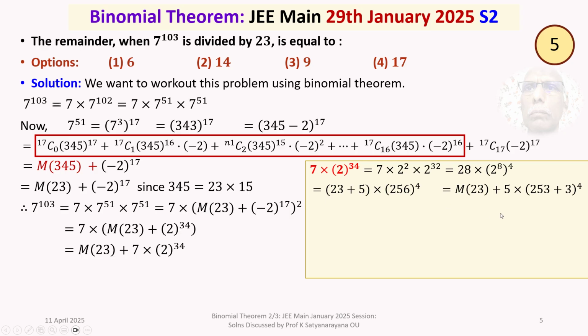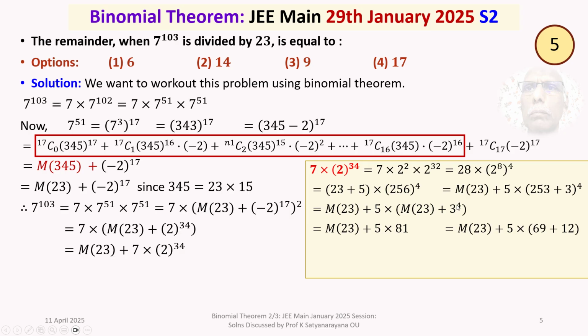And that is equal to a multiple of 23 plus 5 times, when you expand this by means of binomial like here, you will get some multiple of 23 plus the last term, 3 to the power of 4, like here. So the same thing is written here. So now 5 times a multiple of 23 plus a multiple of 23 is some multiple of 23, plus 5 times 3 to the power of 4, which is 5 times 81.